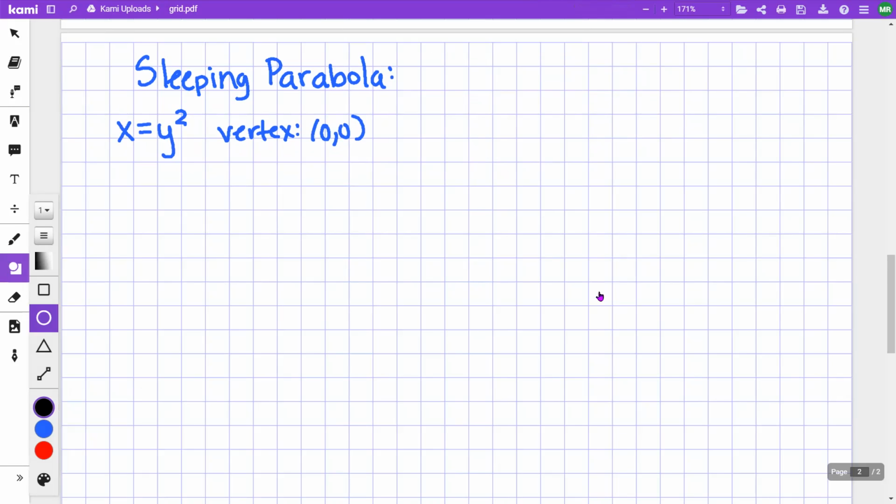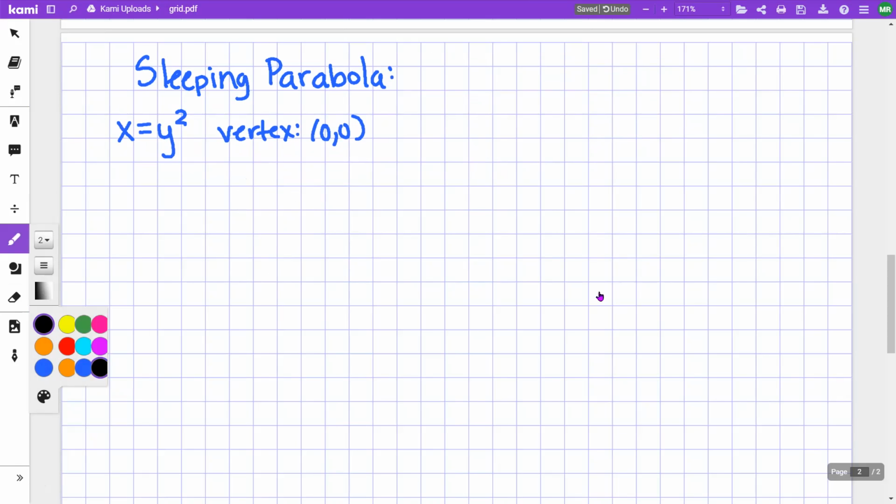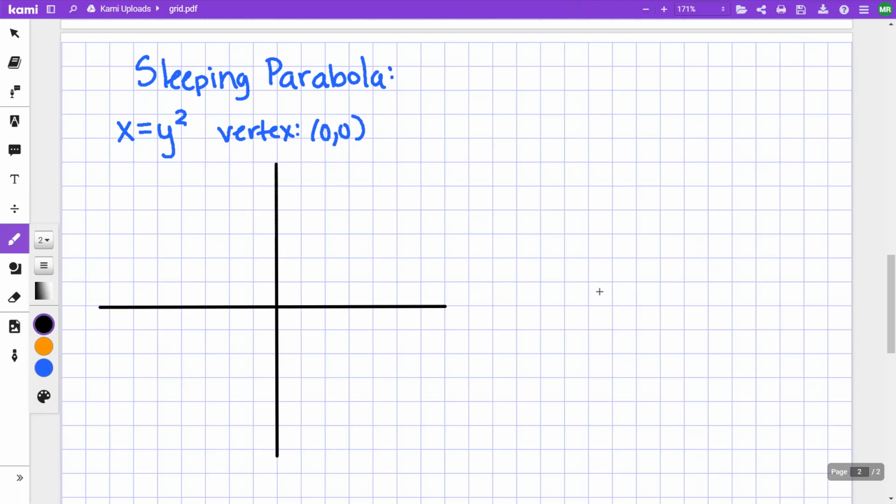I'm going to draw my XY axis. And what's happening is I am going to be starting at 0, 0. That is the vertex. And instead of going out one, left and right and squaring that, I'm going to go up one. And 1 squared is 1. So I go out 1.